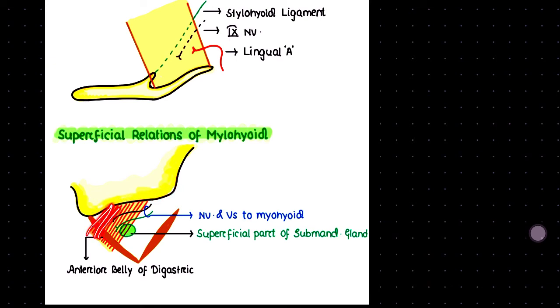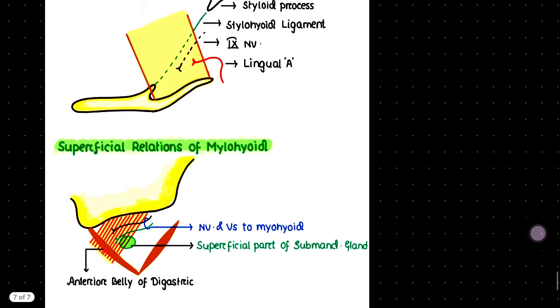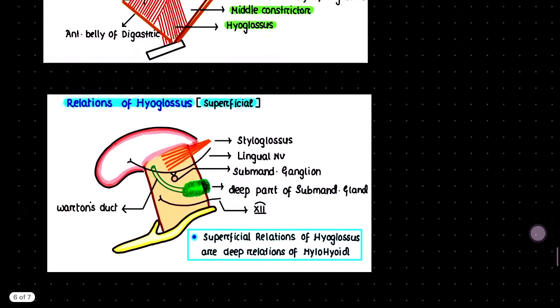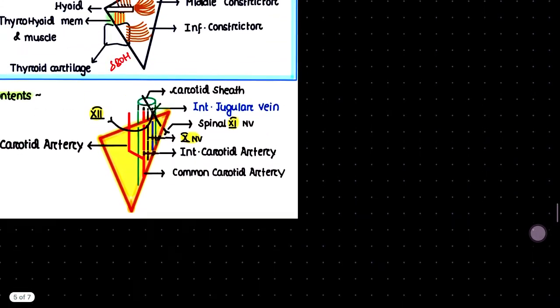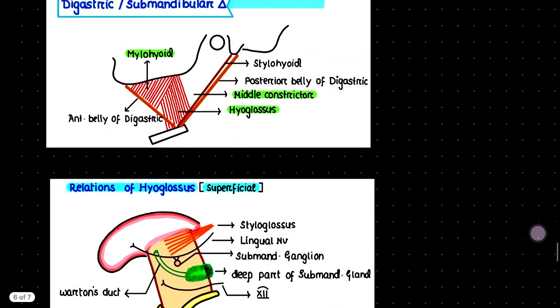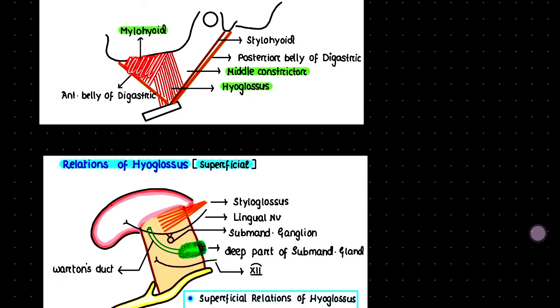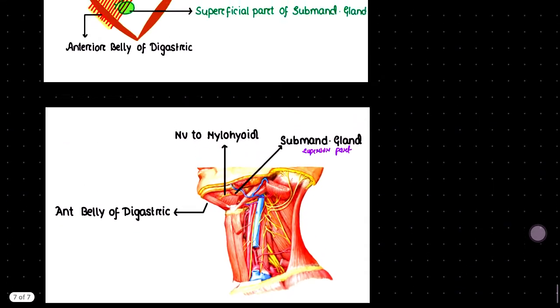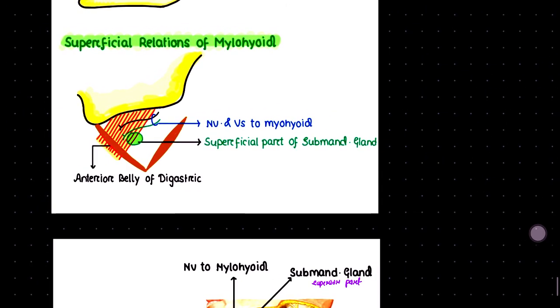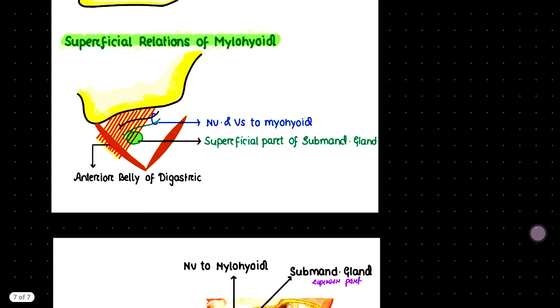And the nerve and arteries that are supplying this myohyoid muscle are in a superior relation, right? And similarly the superficial part of the submandibular gland; the deep part was present in the hyoid bone. Anterior belly of digastric, we know that.